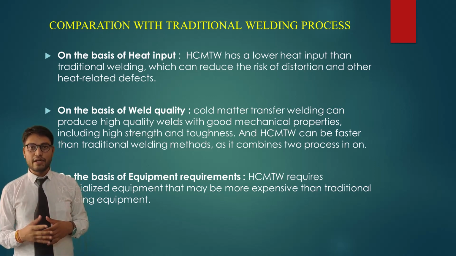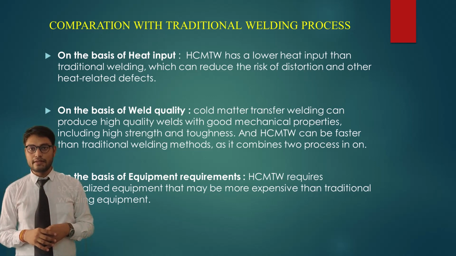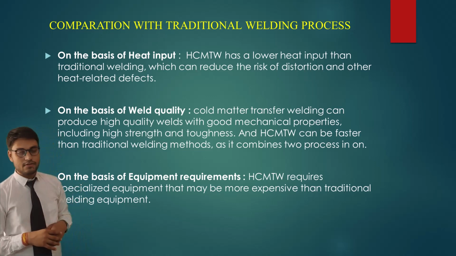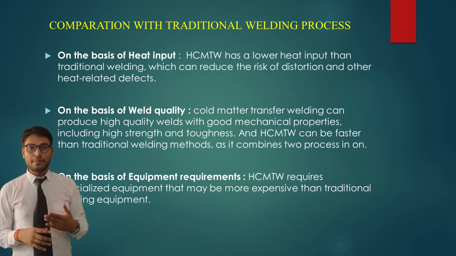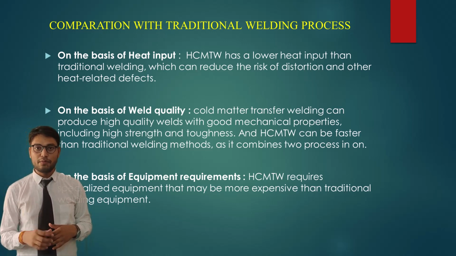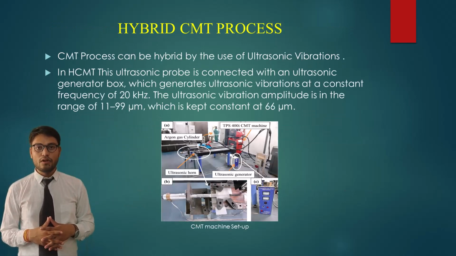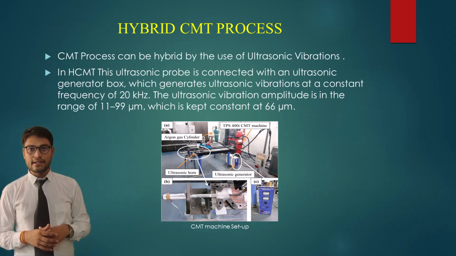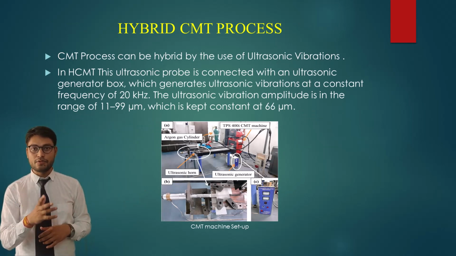And SCMTW can be faster than traditional welding methods as it combines two processes. On the basis of equipment requirements, SCMTW requires specialized equipment that may be more expensive than traditional welding equipment.